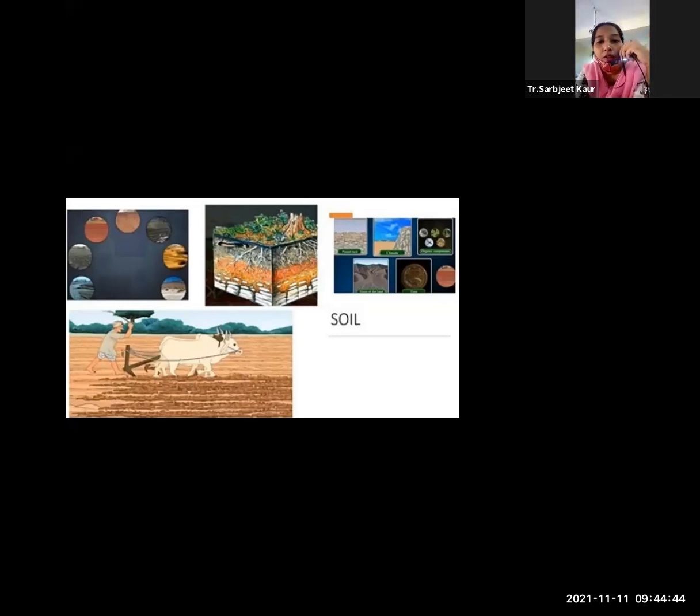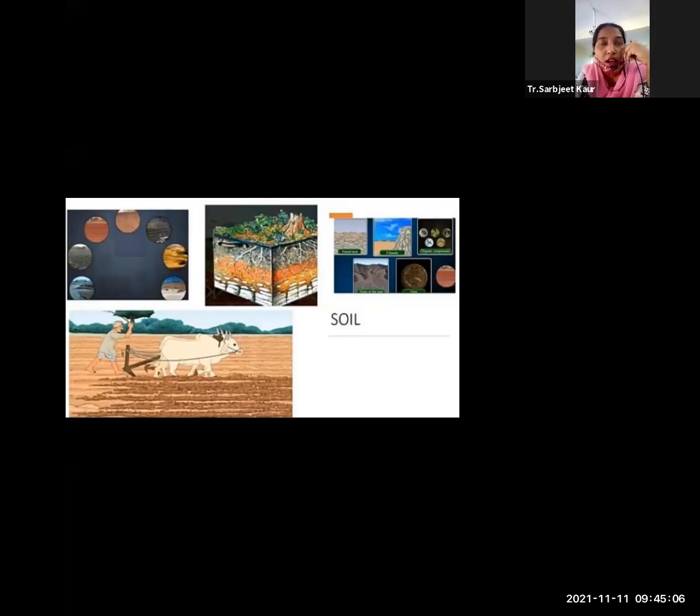And you can see in the first picture what the color of the soil is. You can see the colors of soils: brown, red, black, white. These are all colors of the soil.